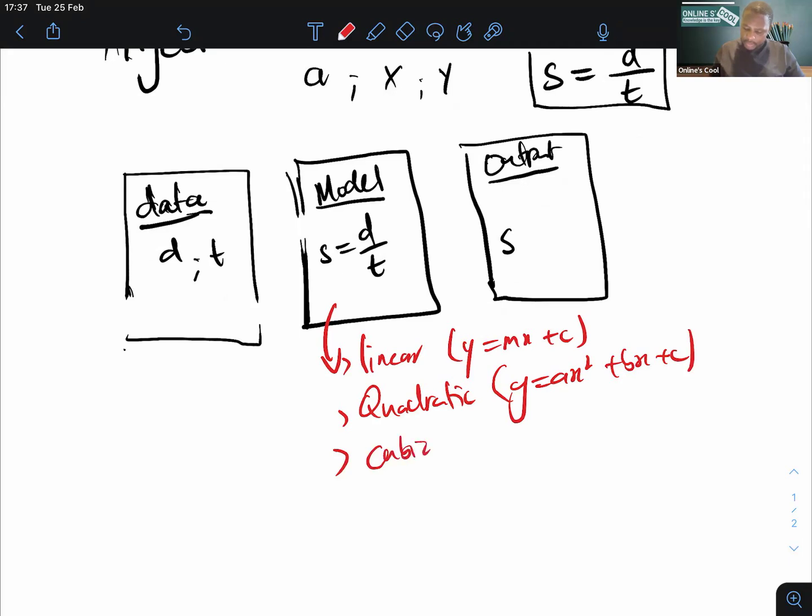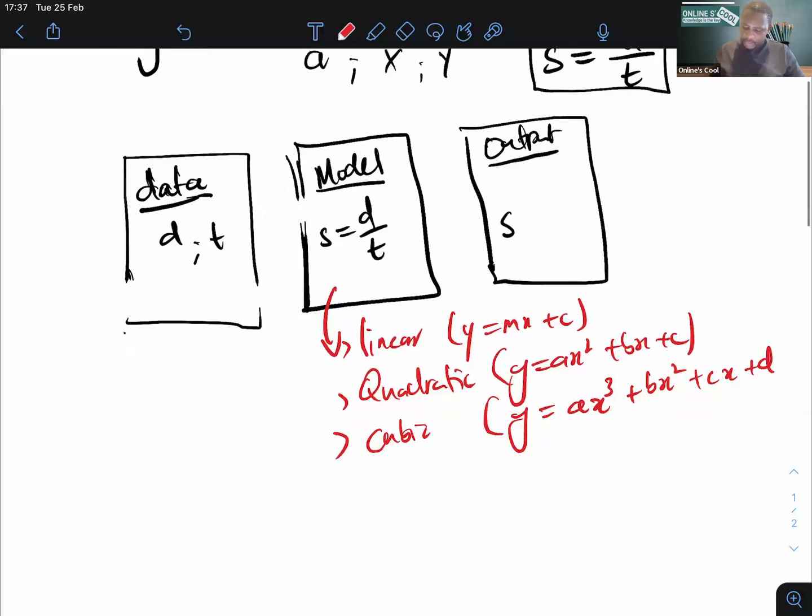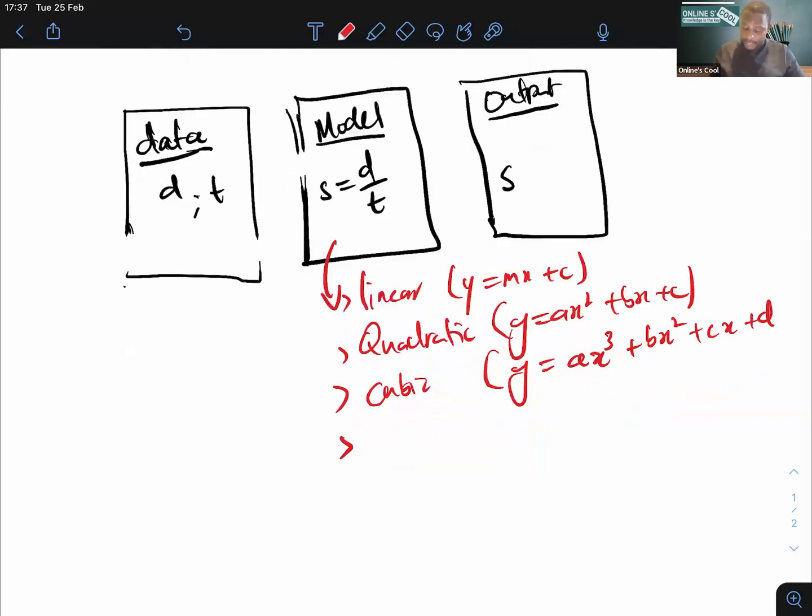Cubic, which is y equals ax cubed plus bx squared plus cx plus d. You have hyperbola, which is y equals a over x.